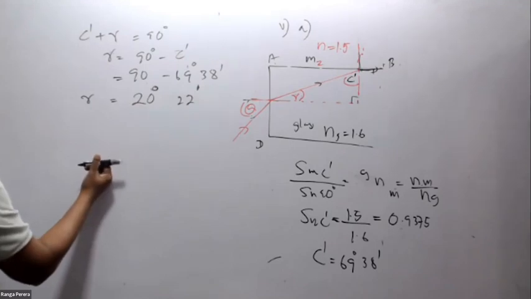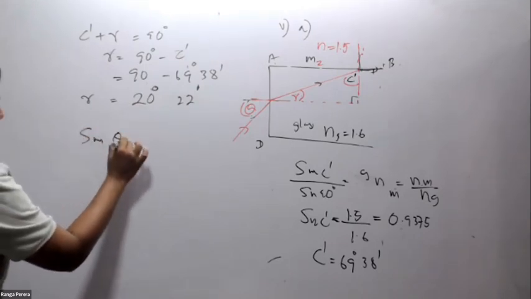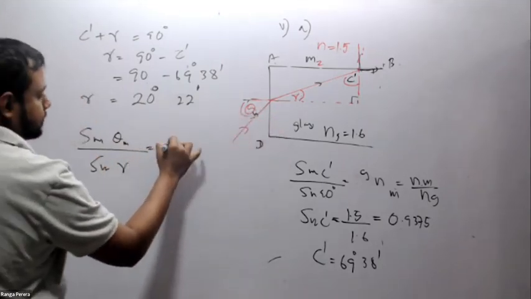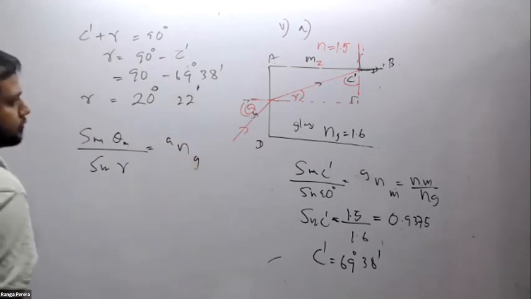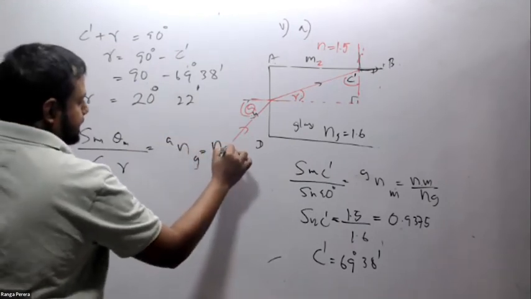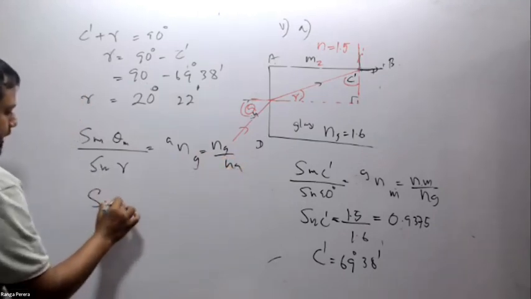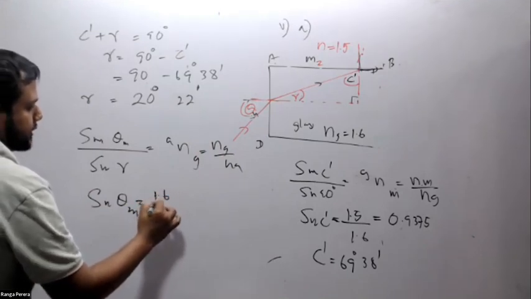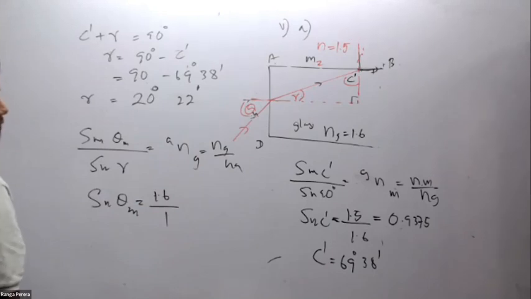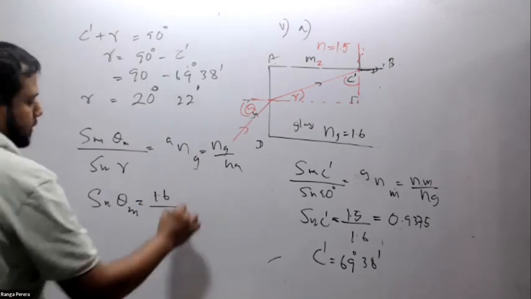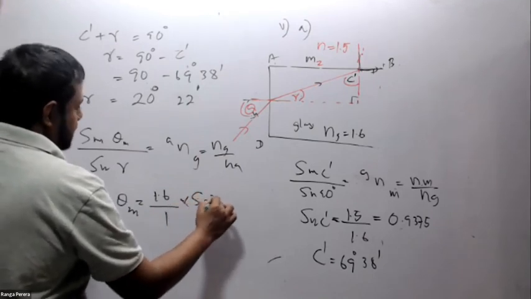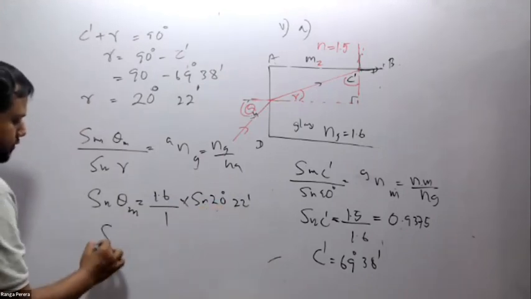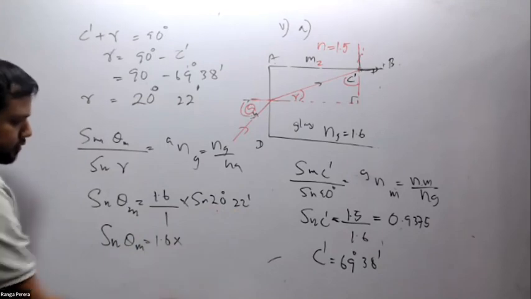Then we want to find theta maximum. Sin theta m over sin R equal NG over NA. Sin theta m equal NG, it is 1.6, NA 1, times sin R, sin 20 degrees 22 minutes.